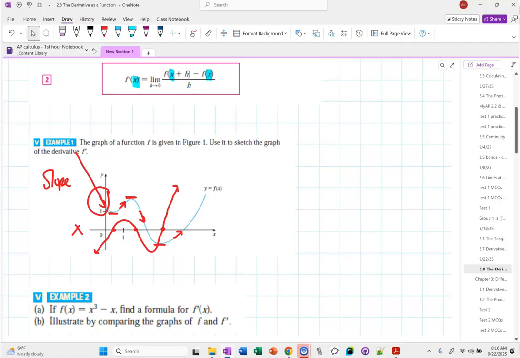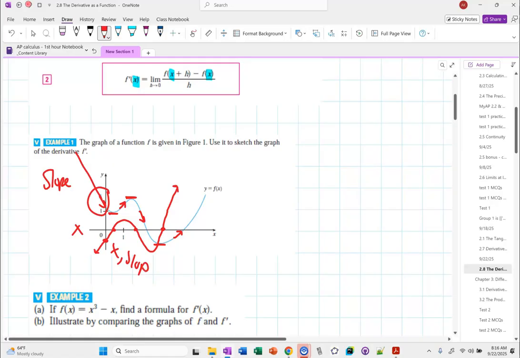Did I answer it? No. Right. But the y-coordinate here is x comma slope on the derivative. So the slope here at this x value is negative.